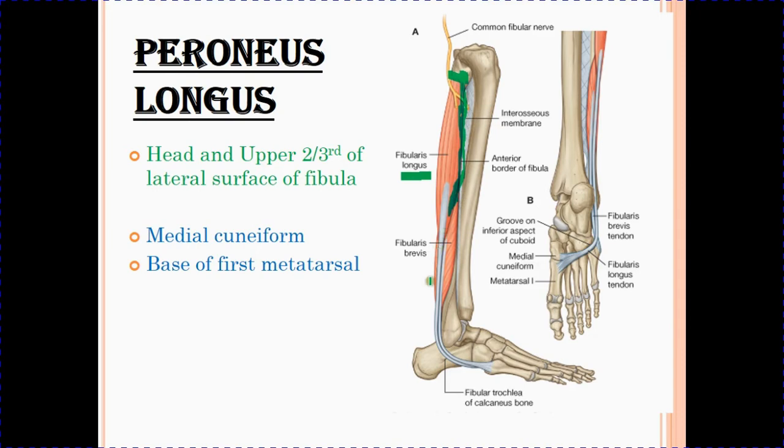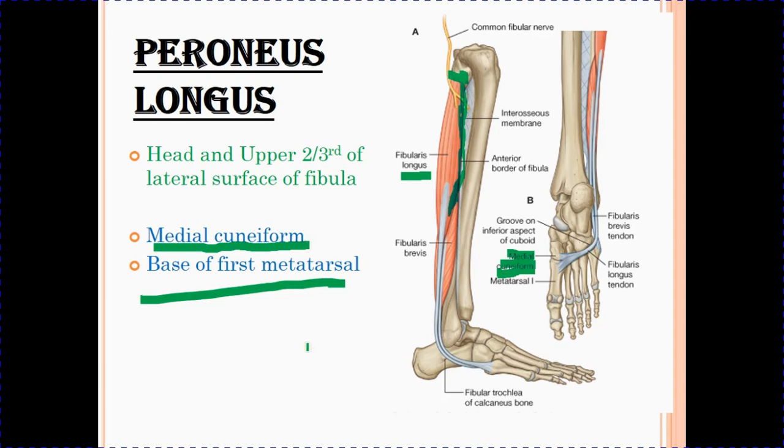The tendon runs downward, crosses the undersurface of the foot and reaches the medial cuneiform. Its insertion is a little tricky. You see, this is a lateral muscle, right? It is crossing the undersurface of the foot to reach the medial surface of the foot, and it gets inserted into the medial cuneiform and the first metatarsal.